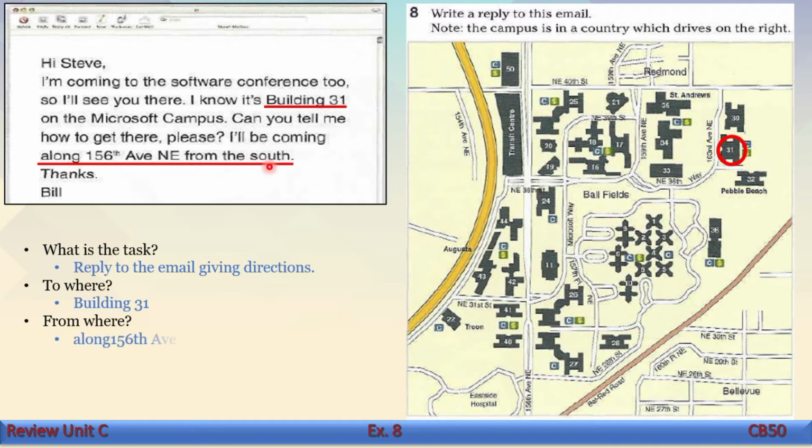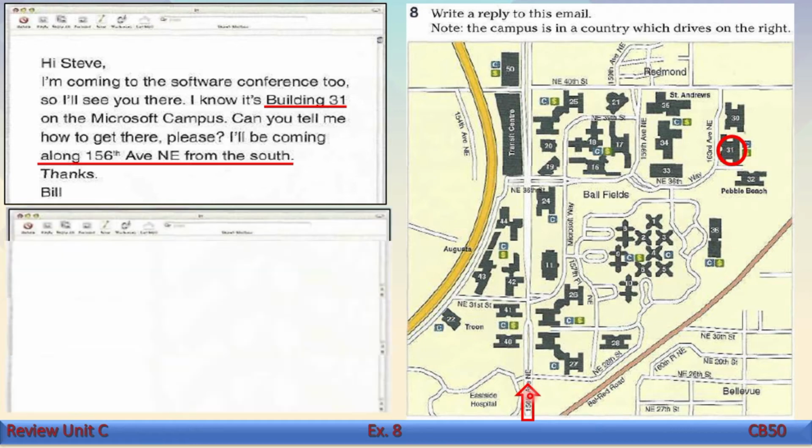And where is that? It is here on the map. Great. Now we have located the location, so we are ready to write our email giving directions. We're going to write our email here.